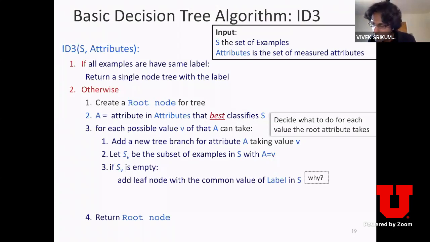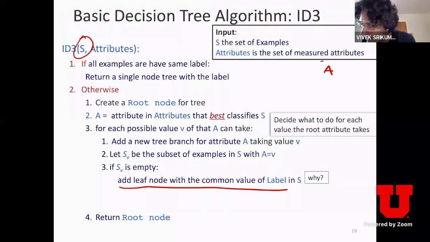The right thing to do is we should add a leaf node with the most common label in the entire data set. We don't let that branch go without a label. Instead, we just add the most common label that this can take. So for example, if you have A, and by the way, we'll work through an example of this process as we go along.